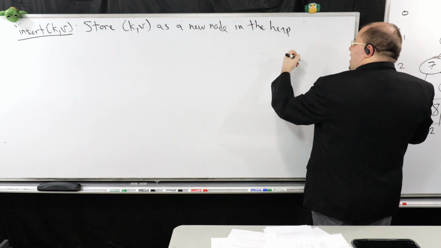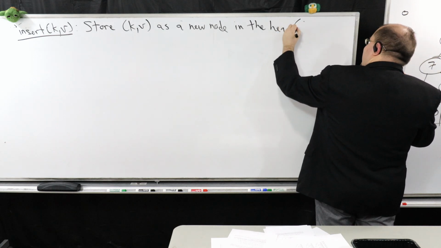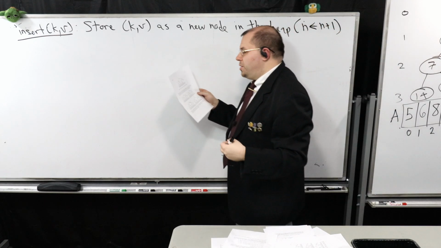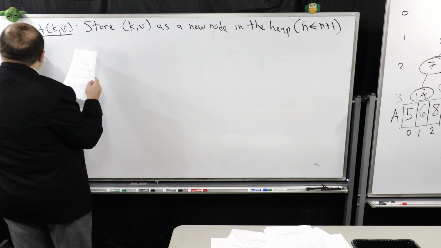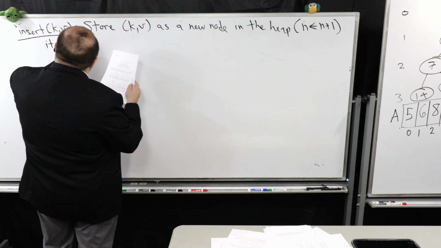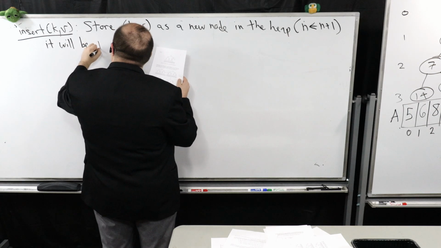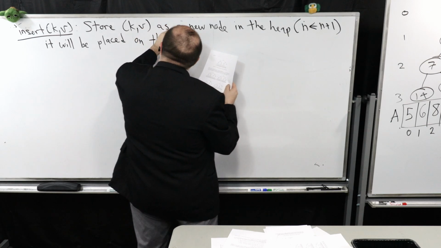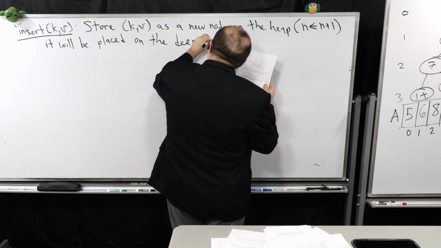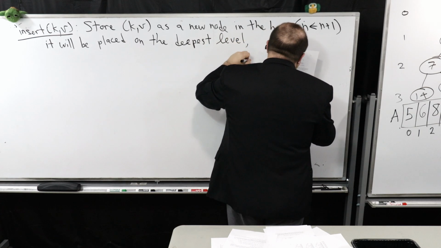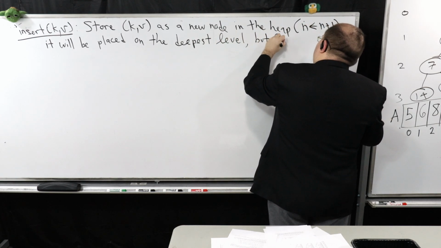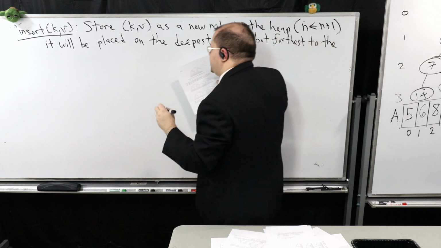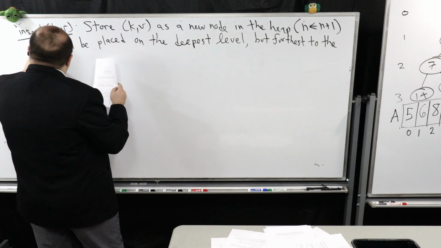So I'm going to add a new node, and then I'm going to increase n to be n plus 1. So I'm going to increase the number of nodes by 1. It will be placed on the deepest level, but furthest to the left possible.